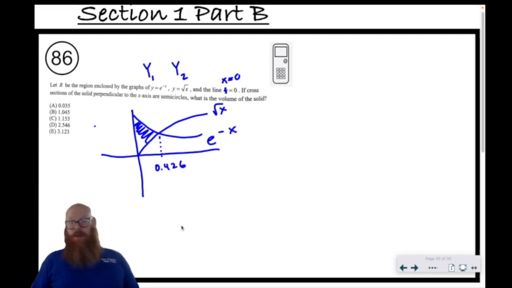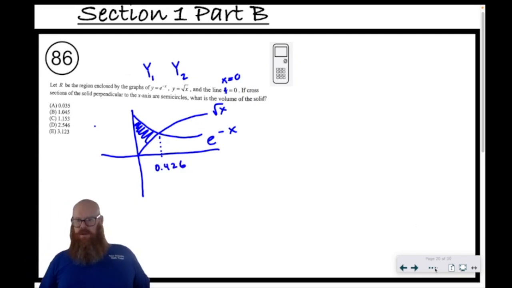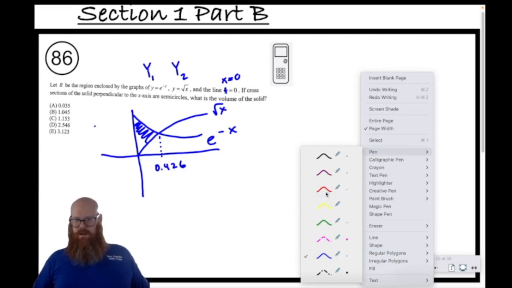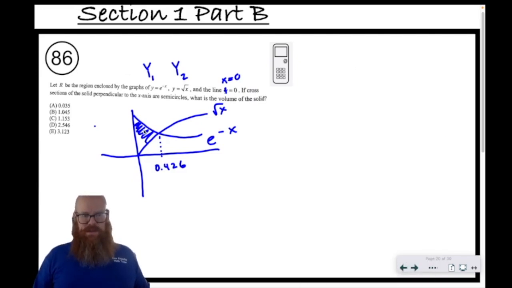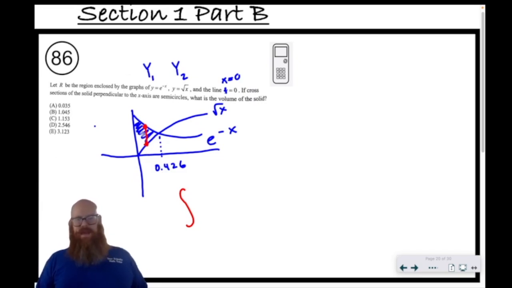All right. Now we're going to set up the integral. The semicircles are perpendicular to the x-axis, so this right here represents the diameter. So I'm going to be taking the integral. And if I think about the way that we get the area of a semicircle, first of all, it's 1/2 of pi r squared. So I'm going to put a 1/2 pi out here.